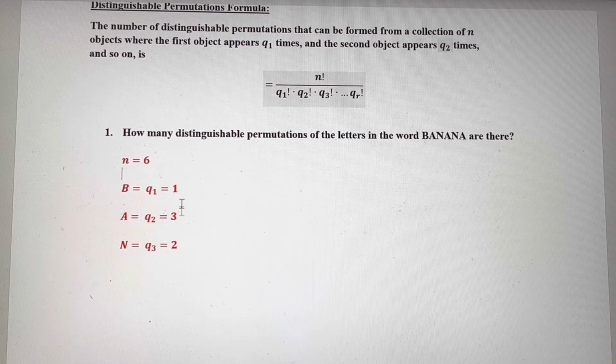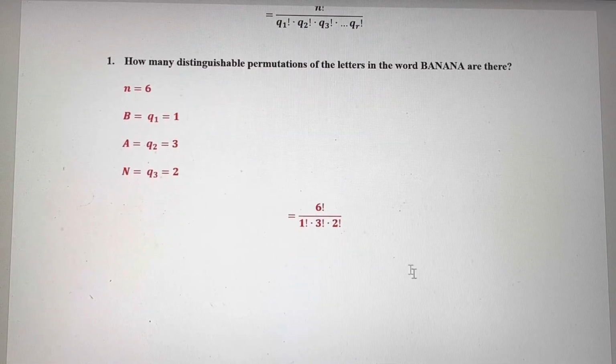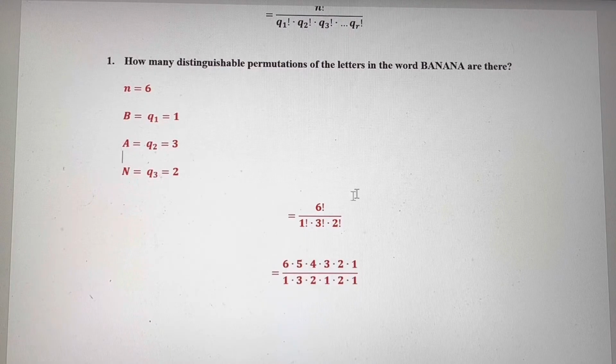These values should always add up to n. So let's plug those into my formula. 6 factorial divided by 1 factorial times 3 factorial times 2 factorial. You can use the calculator like we have been, but let's write this out. I'm going to expand 6 factorial to 6 times 5 all the way down to 1, and expand all of these.